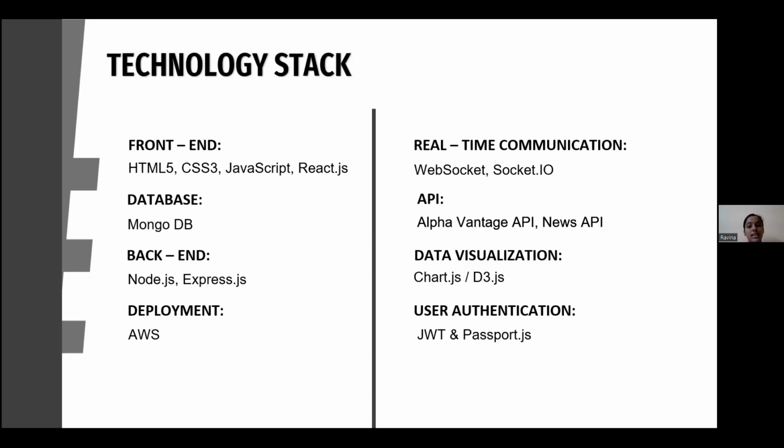Other than this, for real-time communication, we are using WebSocket and Socket.io. WebSocket is used for bidirectional communication. A client sends a request to the server, and once the server responds, a handshake happens, and the handshake is replaced by the WebSocket connection through the TCP protocol.